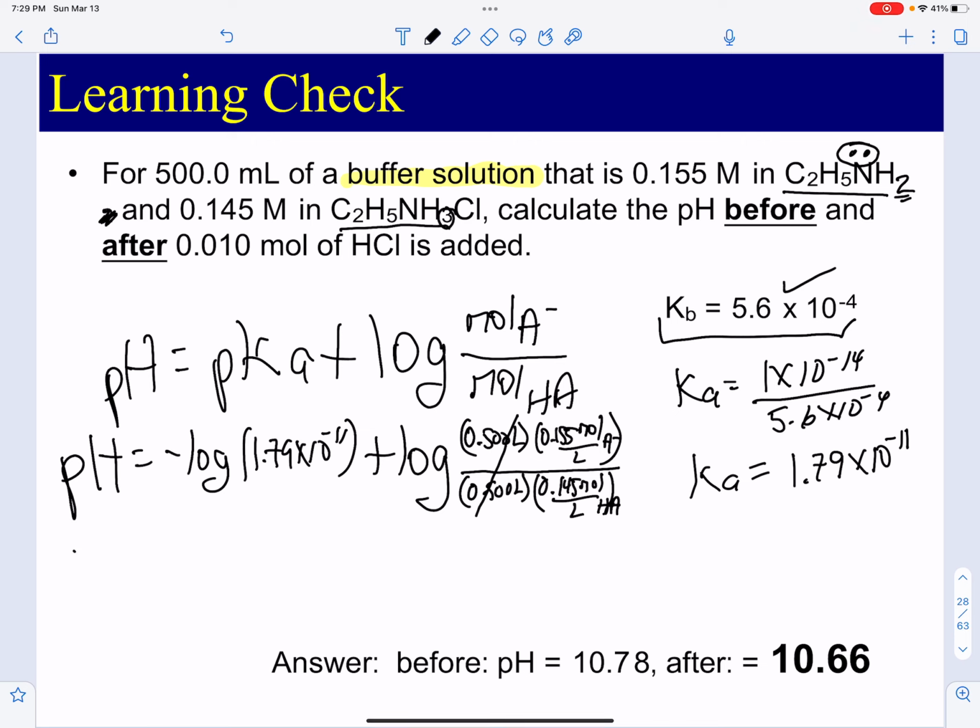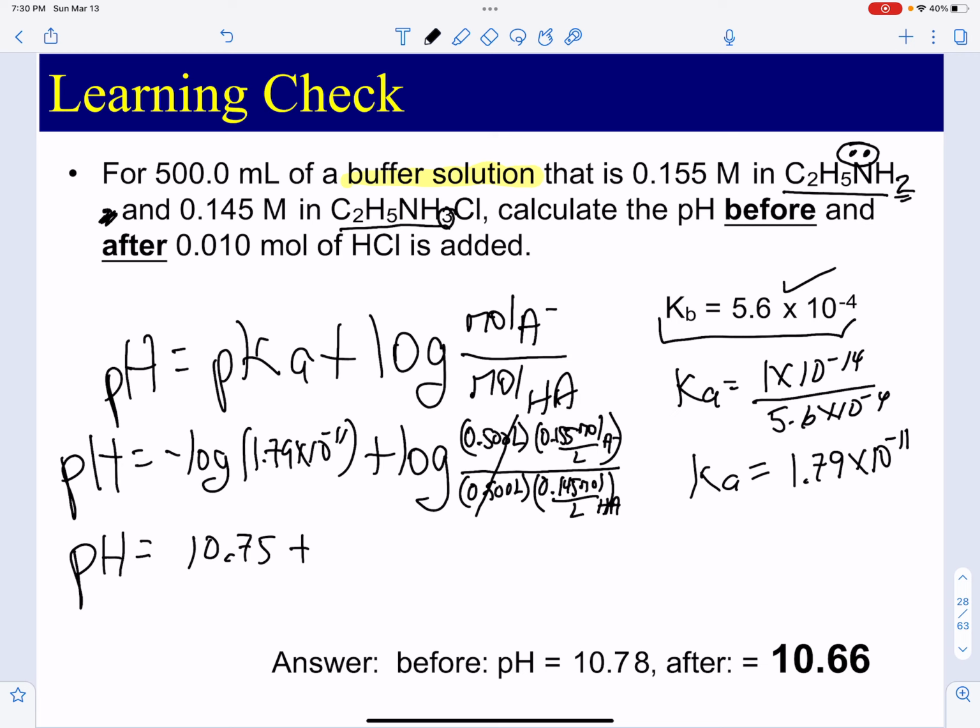So in this case, we're going to have pH equals 1.79 × 10⁻¹¹, and we're looking for the negative log of that. So that's going to be 10.75 plus 0.155 divided by 0.145, and whatever we get there, which is going to be 1.07, we're going to do the log of that.